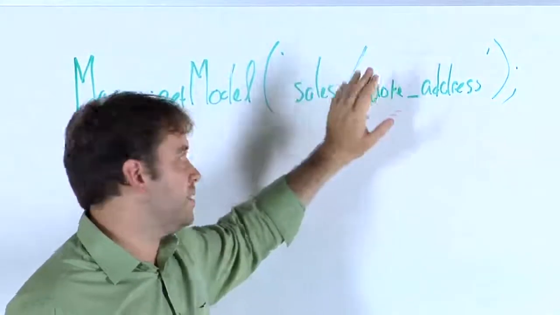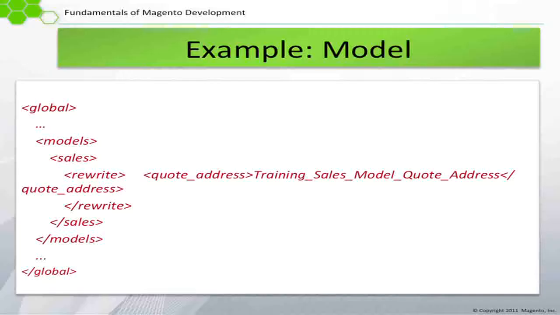The configuration is going to look at that and arrive at that spot in the configuration hierarchy, global model sales. And then before it would go through, normally it would say, all right, well, we're going to find that class prefix.